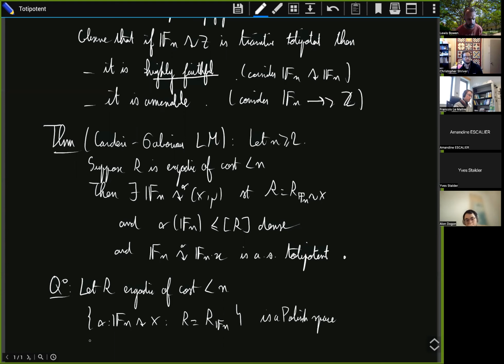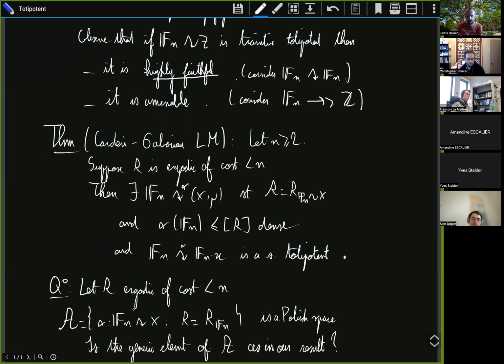And so the question is about the generic element of this set. Let's call it curly A, as in our result.